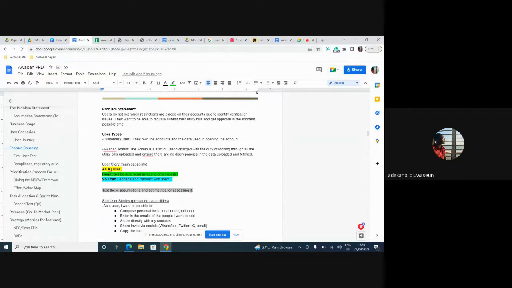That's why the user types are important. That's this part you're seeing here. You are looking at the people involved. This feature involves the admin and the user. Some other features might involve a user and another user. I'll give an example. ULesson, for instance, has two personas. They have teachers, they have students.